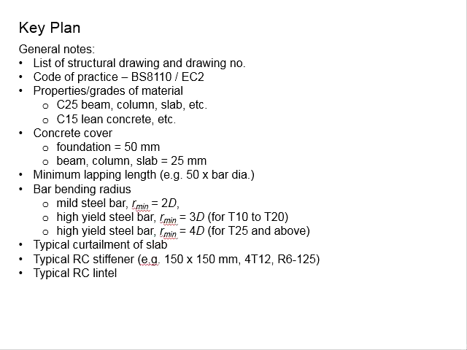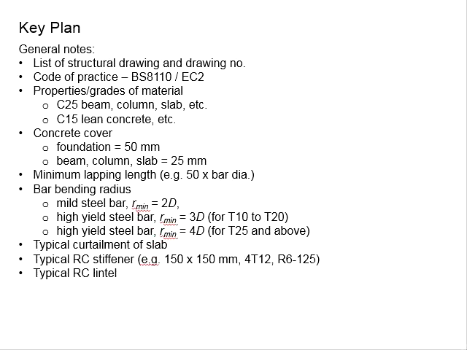As for the lapping length, it should also be clearly stated. You should standardize the lapping length, because different engineers may use different values. Some may go for 50, some may go for 46, and some may go for 52 times the bar diameter.